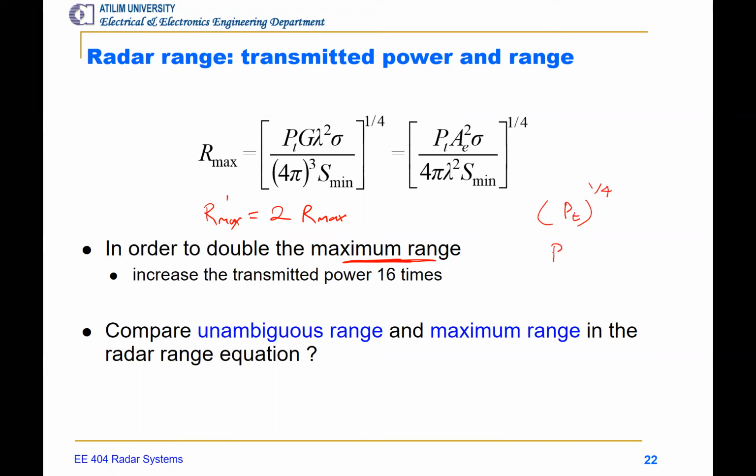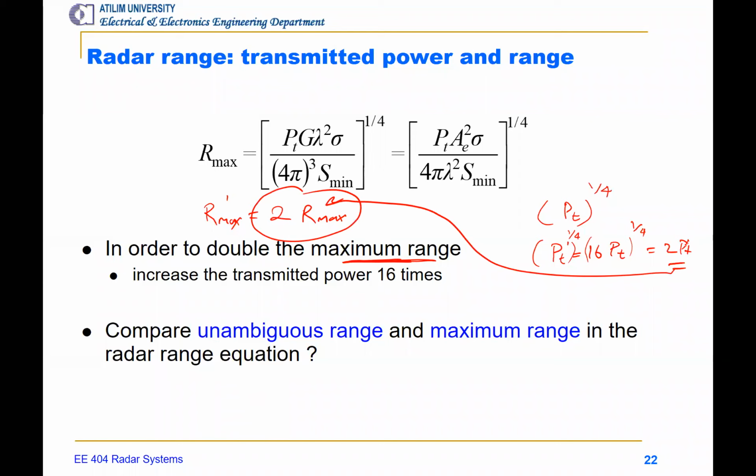So if I say 16 PT, then the power of 1/4 will give me 2 R max. Clear?